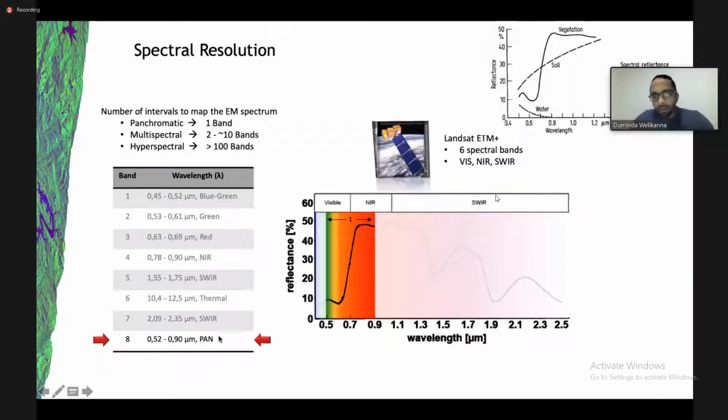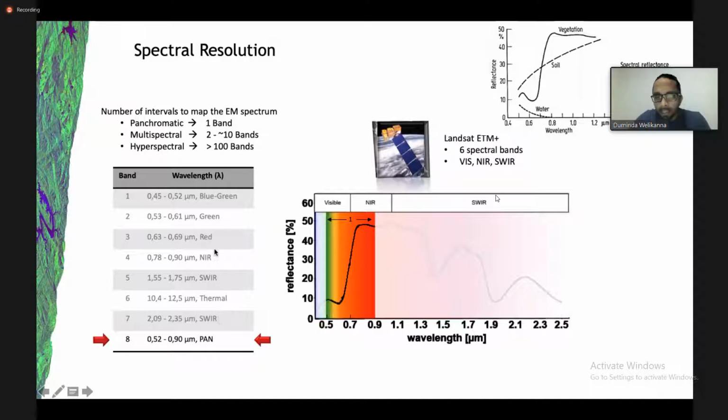Right, so if you have, say, 8 bands, it's like 7 bands in the respective regions, and a panchromatic band in a little bit wider electromagnetic region, especially in the visible region. So you can see the pan band is always in the visible region, not in the near-infrared region. The pan or panchromatic band always has a high resolution.